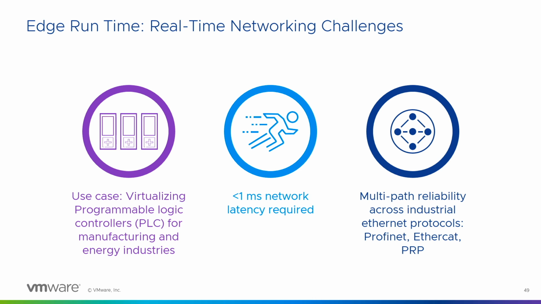There are many different OT applications like Modbus, and I'm sure many of you sitting here can tell me a lot more about those applications and how they behave. But for real-time networking, under 1 millisecond network latency is actually pretty high in those environments. And like I mentioned earlier, to support the virtual PLCs, you have to support these additional protocols, right?